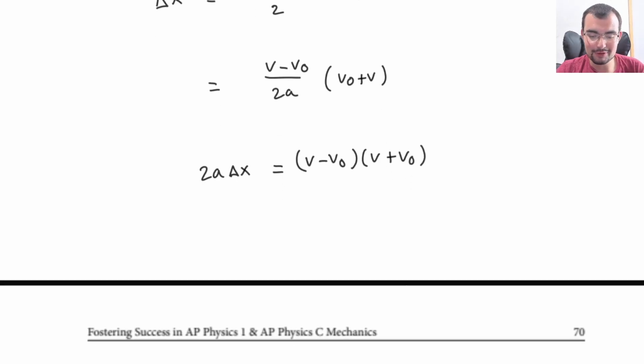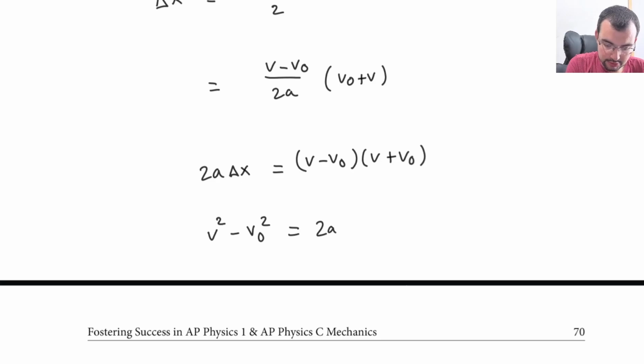So this is a difference of squares. So we could write this as v squared minus v0 squared equals 2a delta x. And then we get our intended results. v squared equals v0 squared plus 2a delta x.